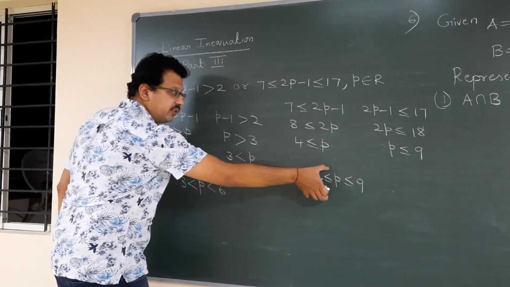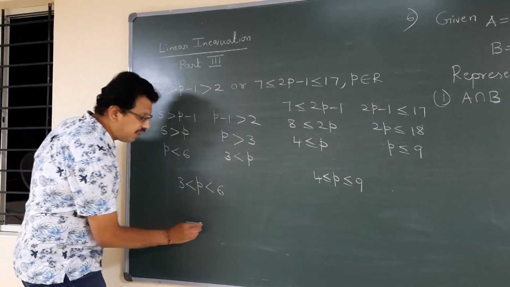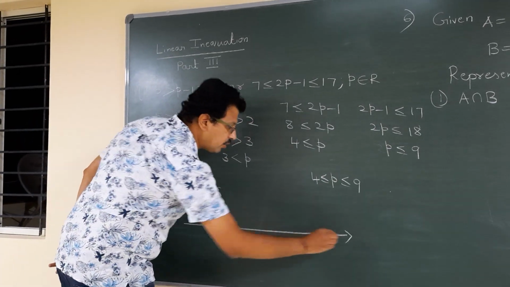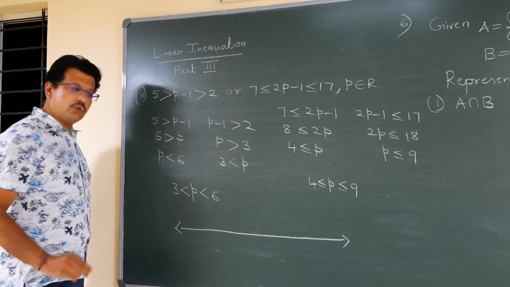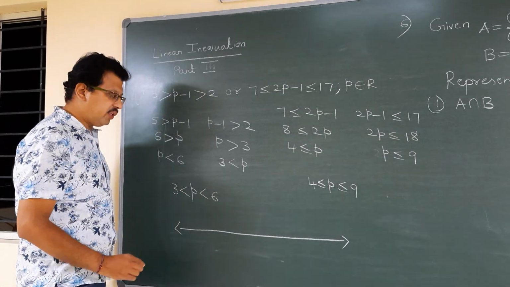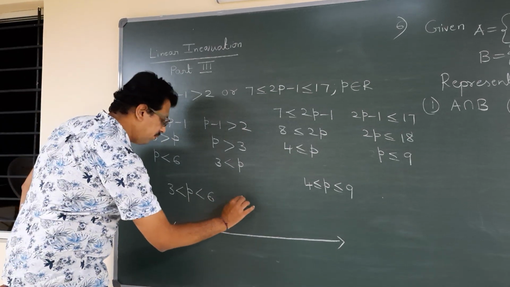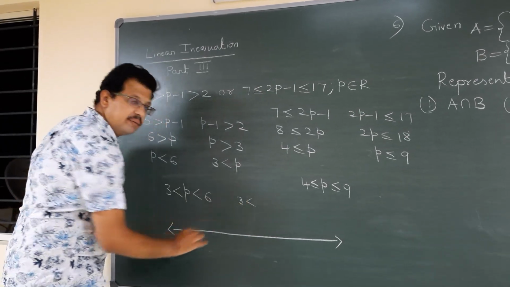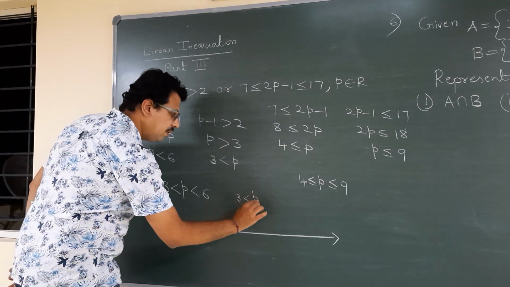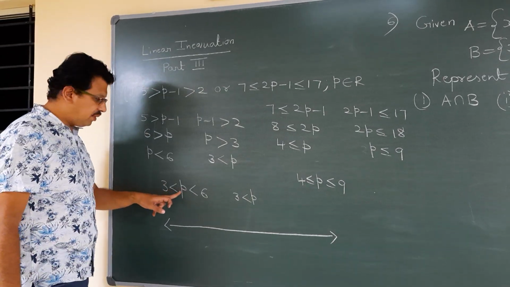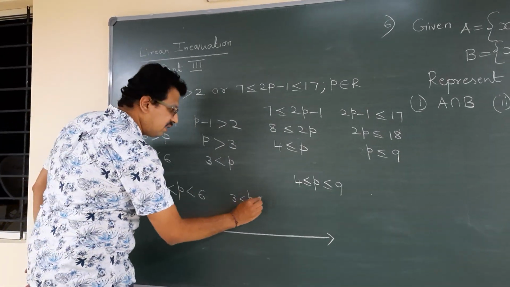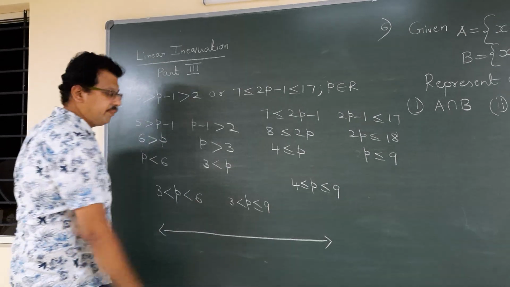Combining these two inequations, how are you going to combine? You are going to draw the number line. So let me write first the inequation. Let me write 3 less than p, then less than or equal to 9.